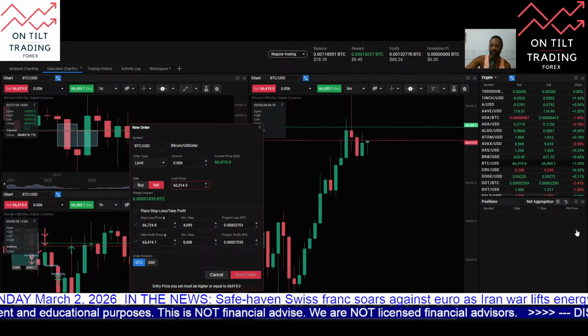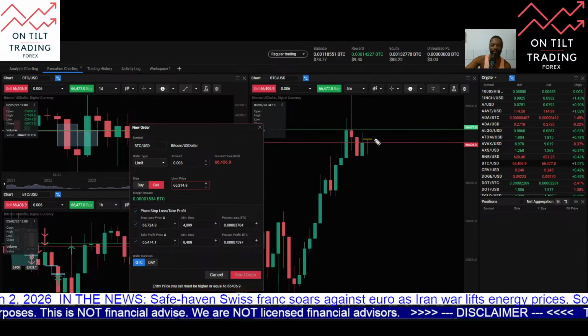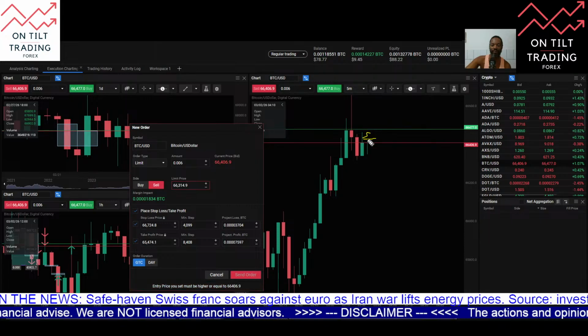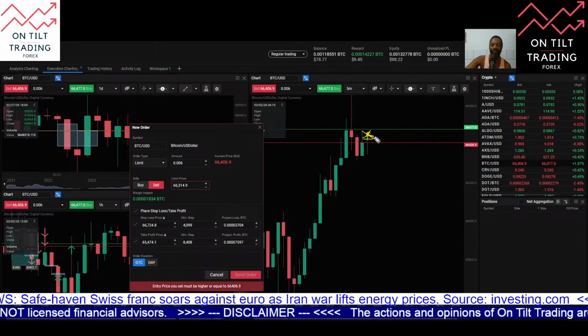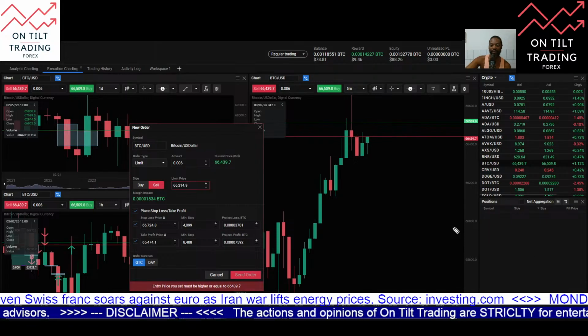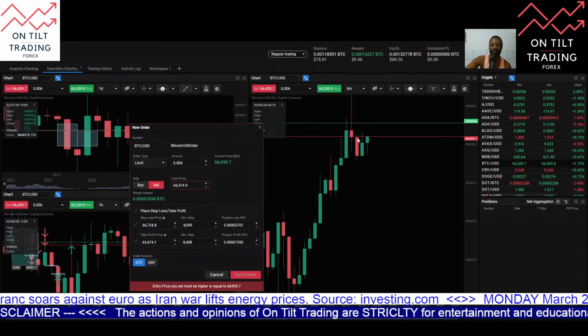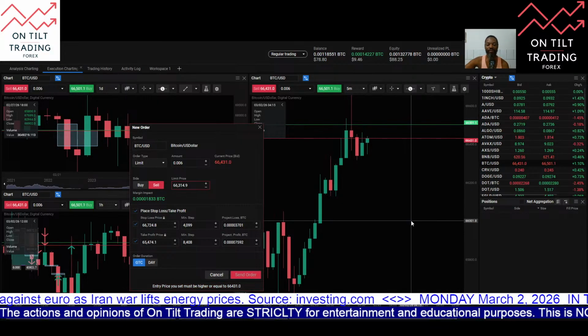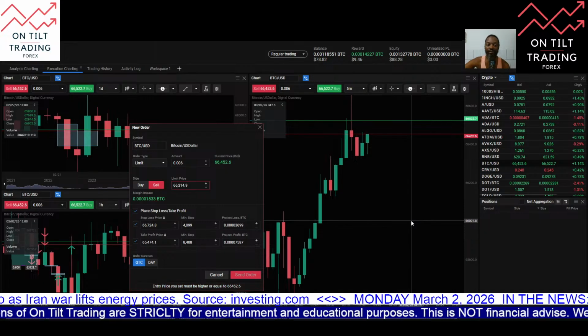Now that liquidity has been taken out here, it's now been swept. We'll see if price wants to continue to the buy side or to the sell side here.